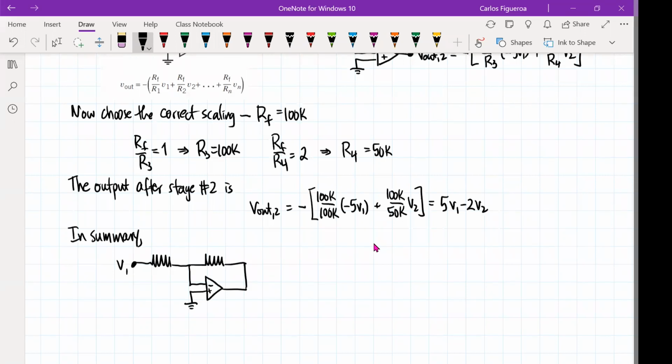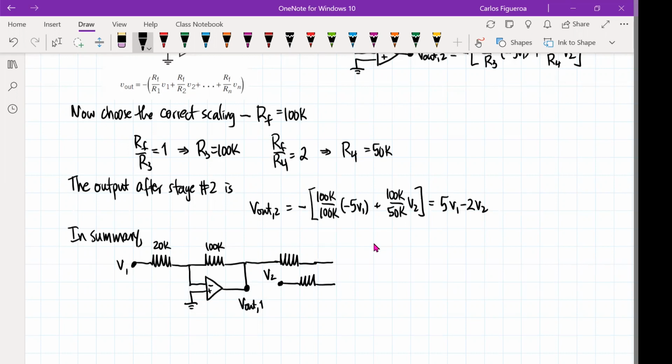So you can see here that this node right here is V out 1. So here's my 20K, here's my 100K, and then it's going to go into the summing one. And when I look at the summing one, this is going to be V2 here.